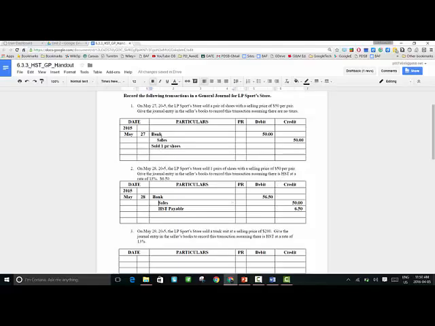So we should see here that we have the same basic structure of the transaction. We have a debit to a bank, or it could also be an account receivable if it was on credit, and an entry to sales. The difference is we're going to have an additional credit, so a second credit, this time for the HST payable.